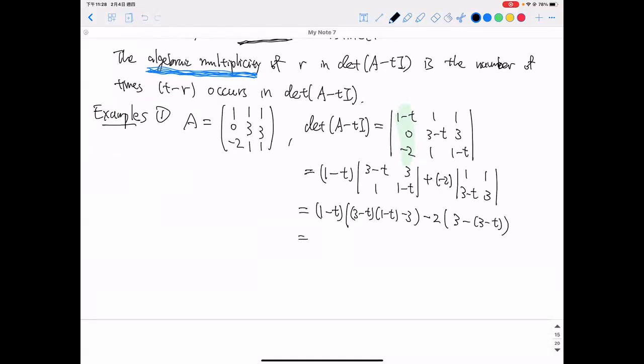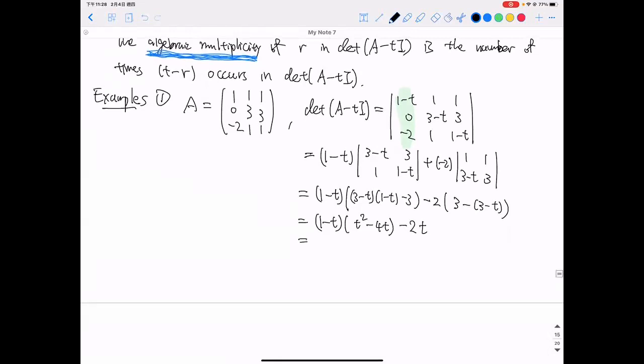Okay, what is this? 1 minus t times, this is going to be t squared minus 4t plus 3 minus 3, so that's gone. Minus 2 times 3 minus 3 plus t, so t. So now what we're going to do next is to factor this.